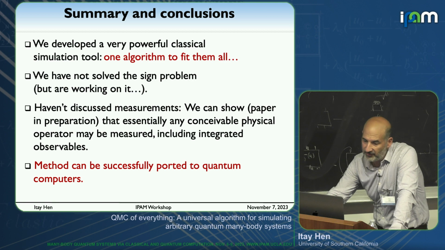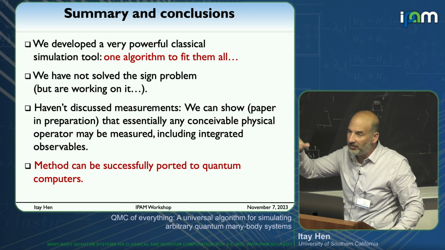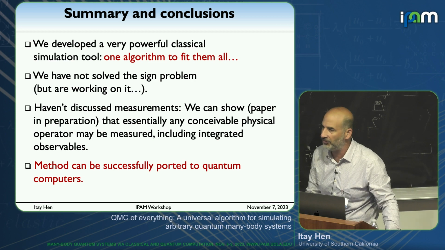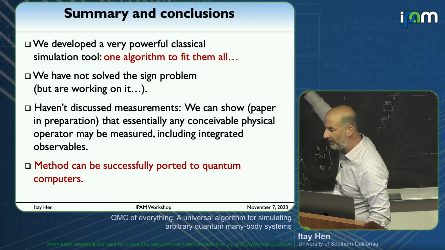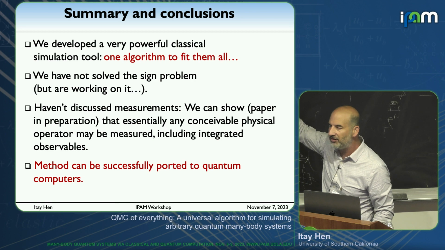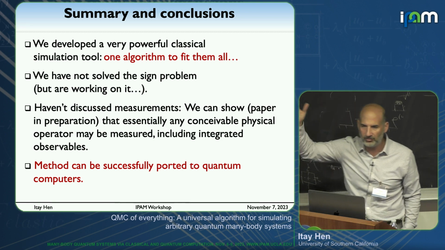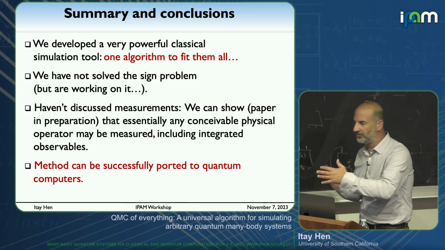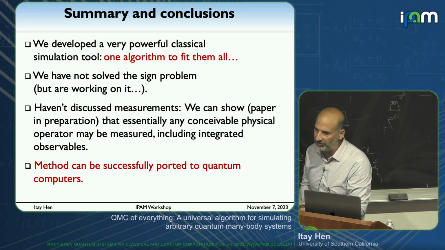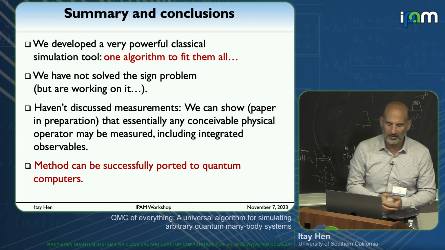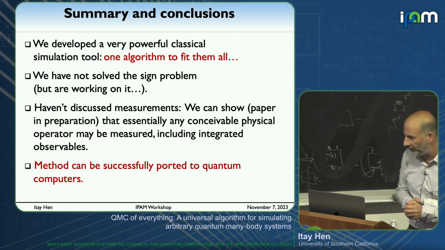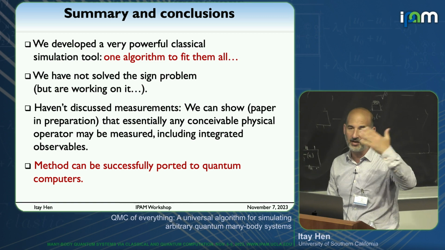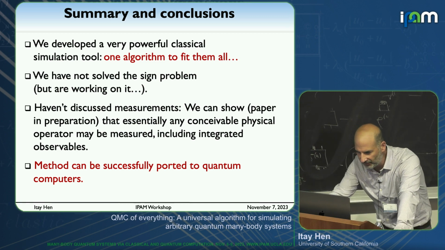And I didn't have time to talk about that, but you can use the same off-diagonal expansion for quantum computers. You just replace e to the minus beta H with e to the iHt to do unitary evolution. We have a couple papers out there that use this permutation matrix representation to do Hamiltonian dynamics on a quantum computer, which works really well and has, again, advantages over existing methods.